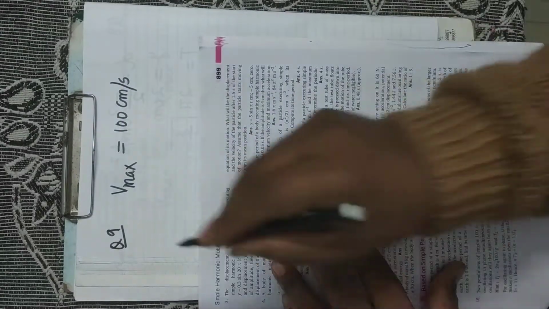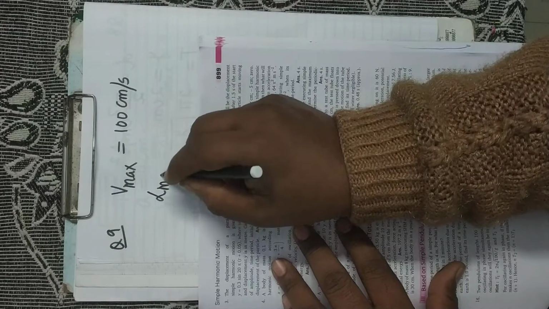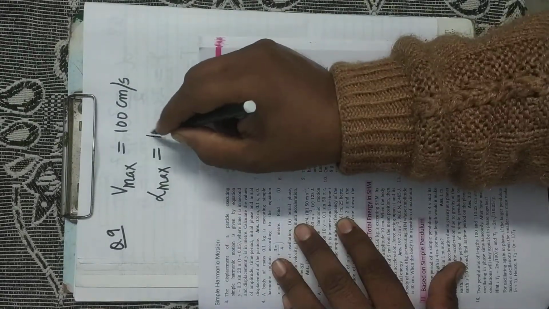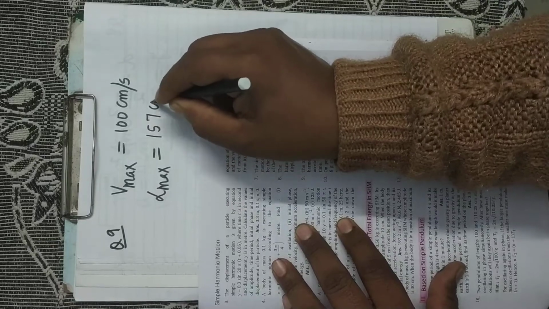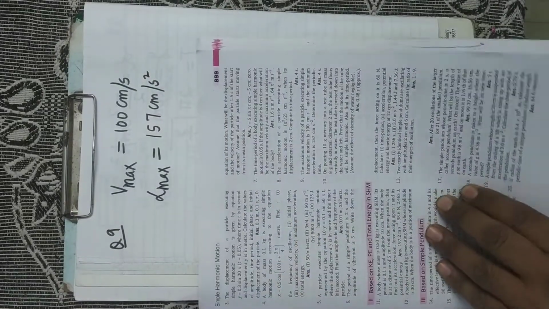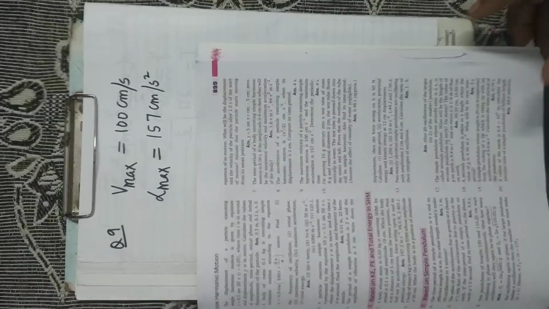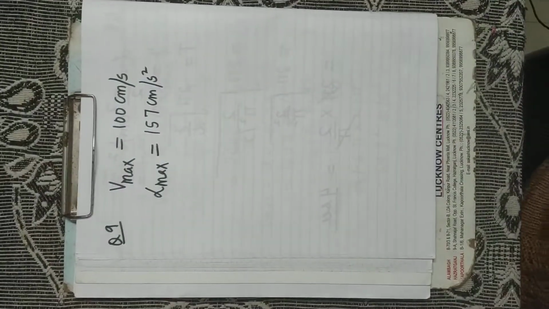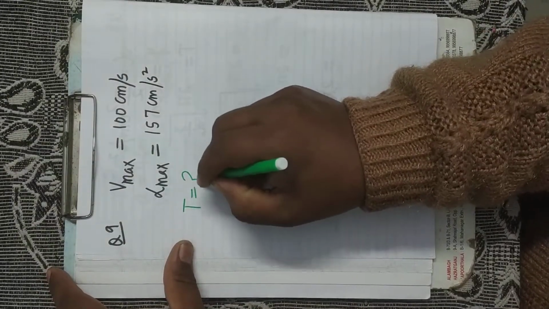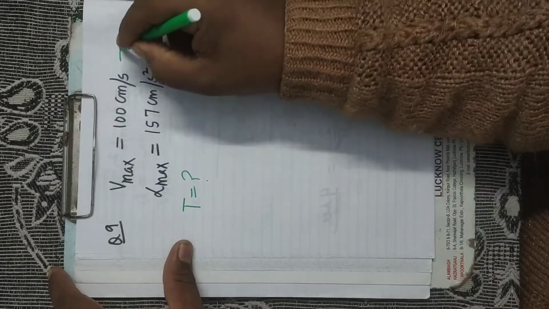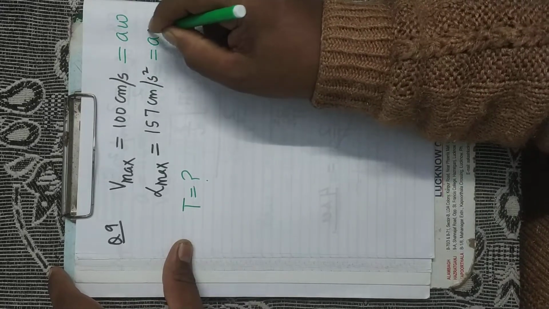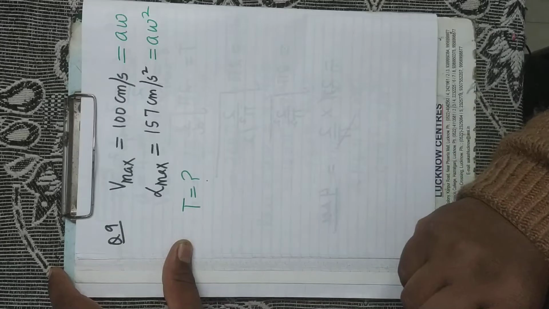And the maximum acceleration, that is alpha max, is given 157 centimeter per second square. You have to find the periodic time. Periodic time means you have to find the capital T. How will you find it? That you have to determine. So Vmax equals A omega. Alpha max equals A omega square.